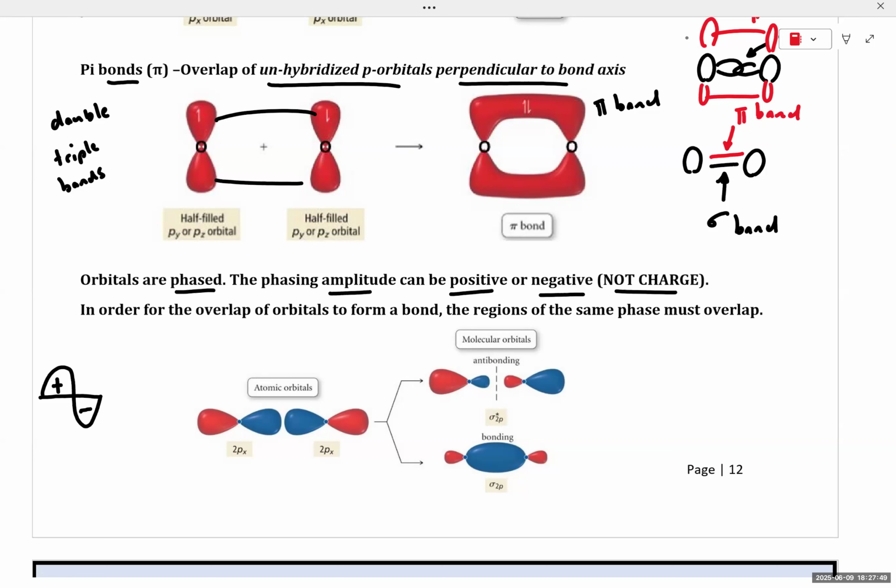In order for the overlap of orbitals to form a bond, regions of the same phase must overlap. So we see in this case for our bonding molecular orbital, when we're forming a bond, we're overlapping regions of the same phase.